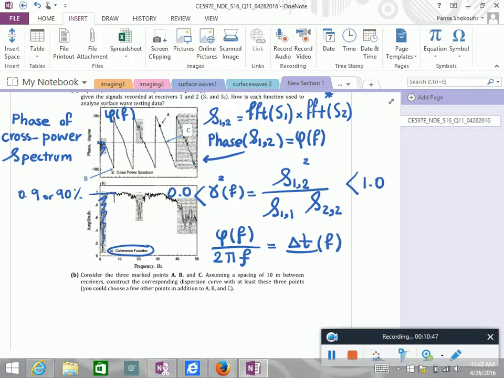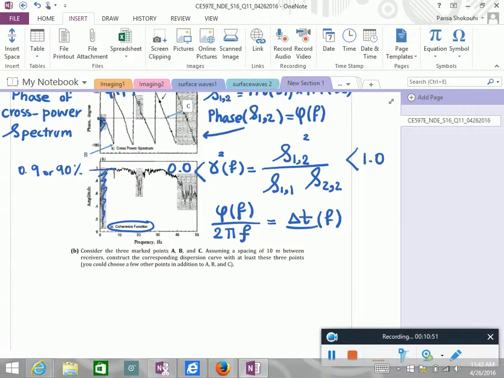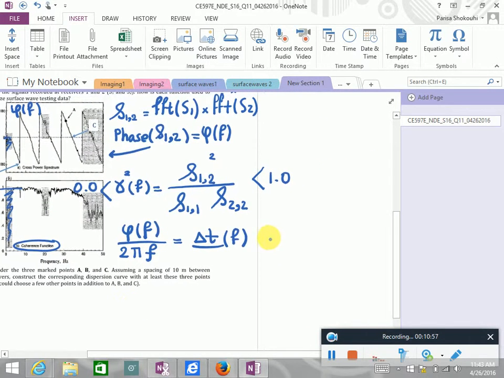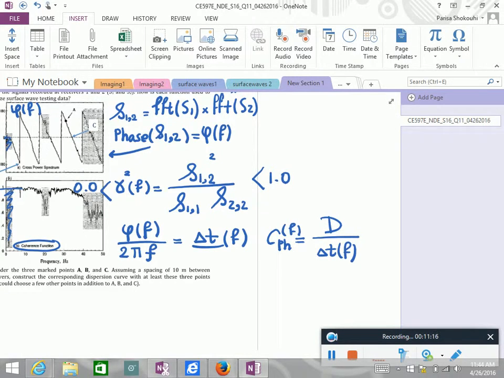Any other questions so far? Now, one more step before going to part B. To get velocity, we have to divide the distance by this time. So the phase velocity, we divide the distance by this. And of course, it also becomes a function of frequency, because for different frequencies, you have different arrival times. So that's how you get phase velocity.